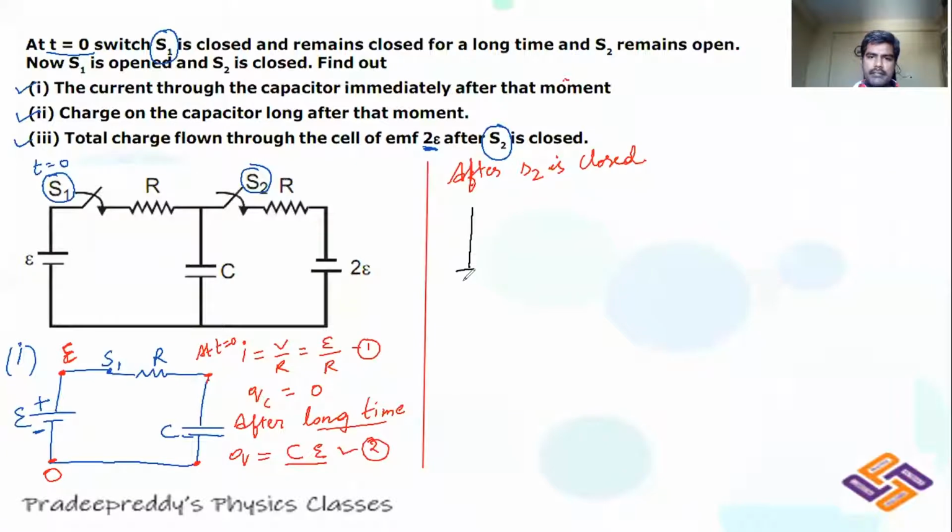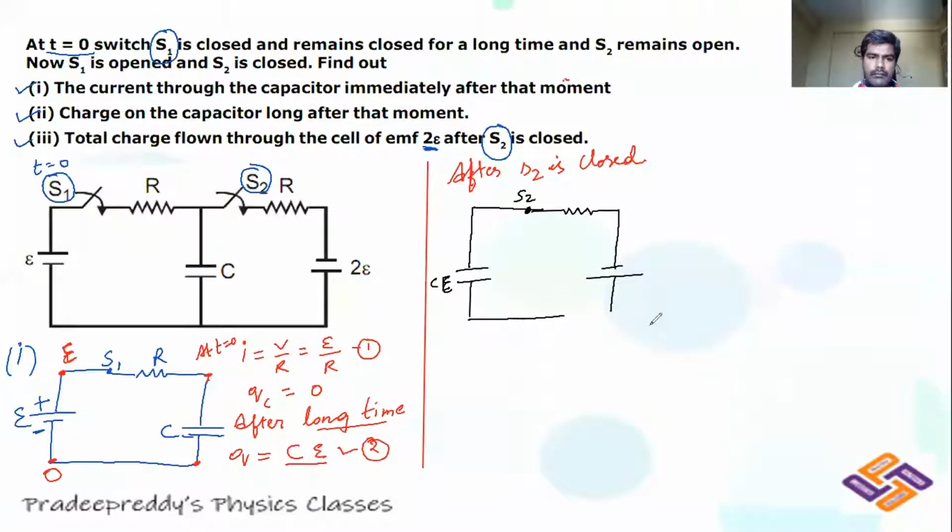Here is the capacitor. This capacitor is already having some charge, and that is CE, and this is connected with switch S2. S2 is now closed, and here is a resistor, and here is a battery which is with opposite polarity.